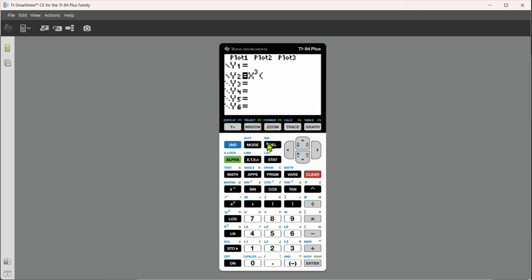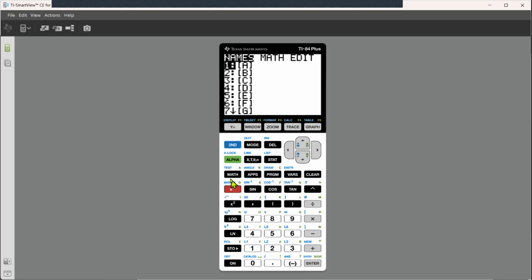When 3 minus x. Close the parenthesis. And then do your test menu. So this is x. Second math key.